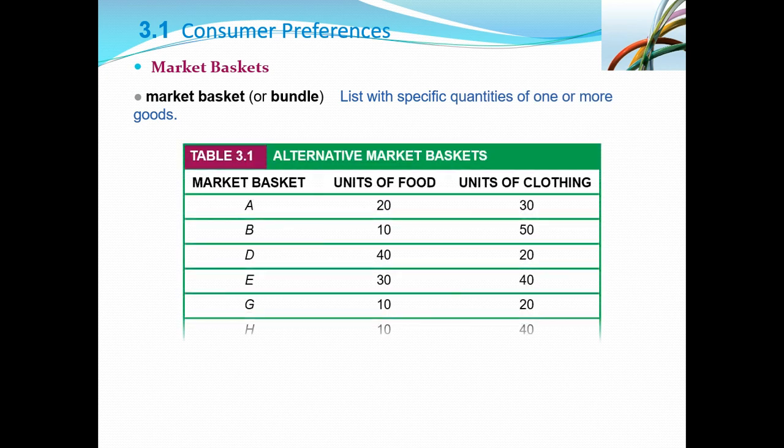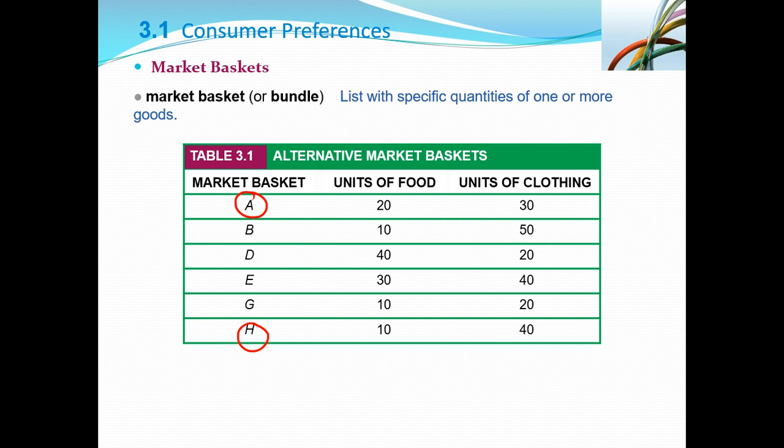Okay, so now, what we know is that, for instance, let's assume that these are the various combinations that we have. We have got combinations from A to H. Various combinations, 20 comma something, something comma something, just like that.